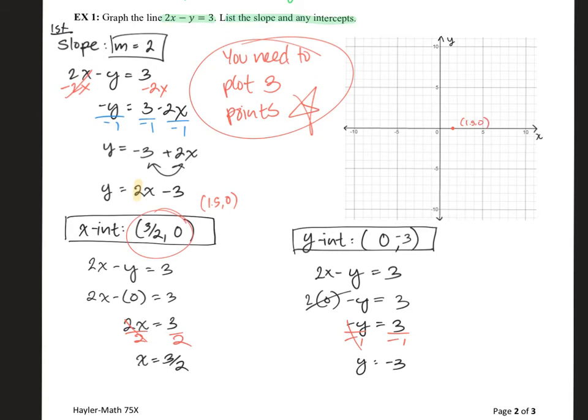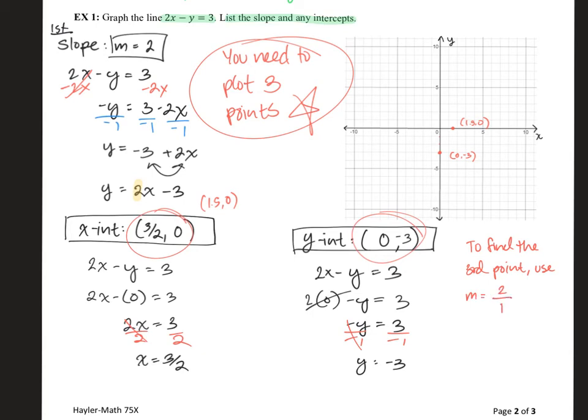Please always label your points. And then our y-intercept, 0, negative 3. So 0, 1, 2, 3. So down to negative 3. We have 2 points. We need 1 more. How am I going to find it? The slope. So to find the third point, two over 1 to find my run.